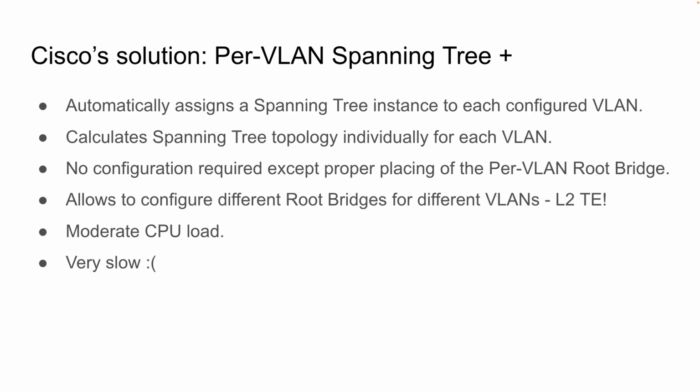With default configuration, all VLANs will have the same topology of their spanning trees, which means no layer 2 traffic engineering. But still, you have an option to configure different root bridges for different VLANs, and thus you can influence the topology for the instance of a specific VLAN, thus achieving layer 2 traffic engineering. But still, parallel spanning tree plus is based on the classical spanning tree algorithm and is very slow.